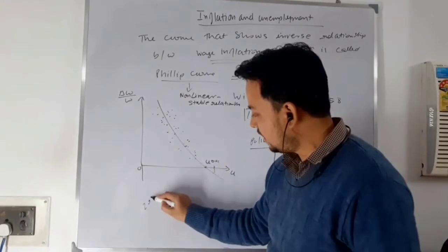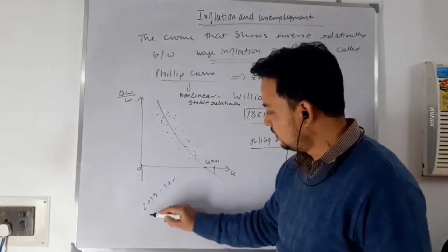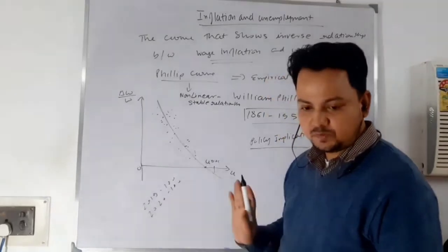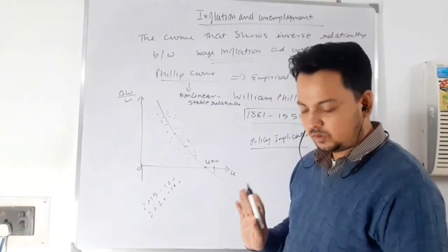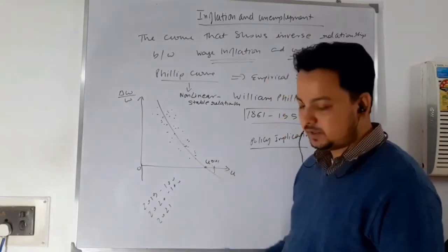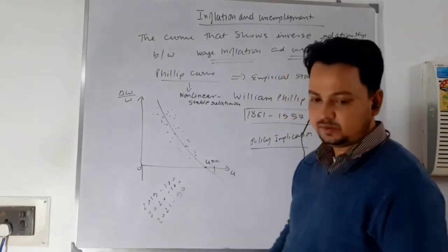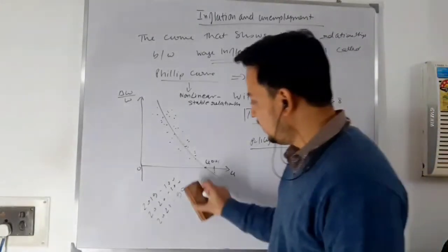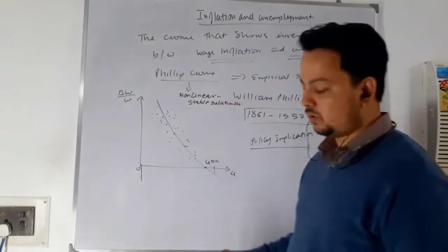That means in 2019 I have a wage of 100 and in 2020 I have a wage of 100, so there is zero wage inflation. Then in 2021, when the unemployment rate increases from U0 to U1, my wage will fall to 90. This is what is meant by wage deflation. So there will be deflation in the economy.